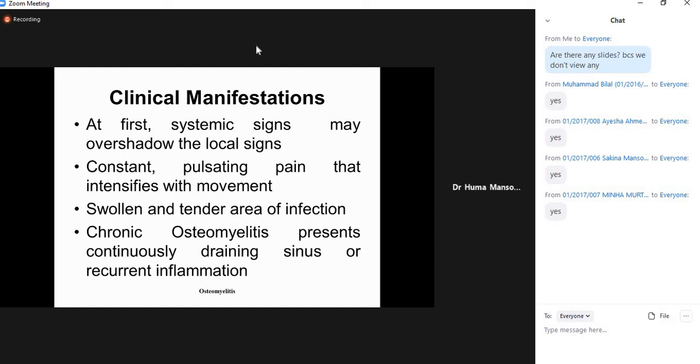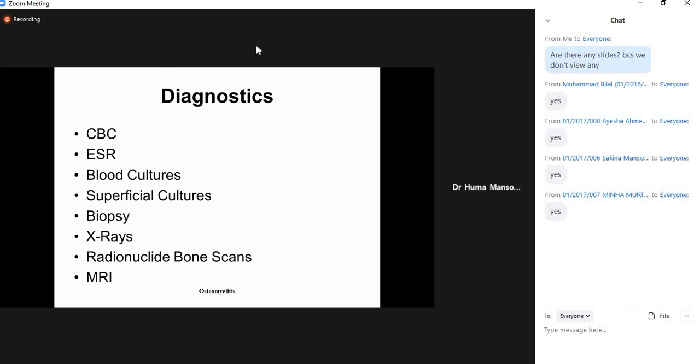Swollen and tender areas of infection then become visible, and chronic osteomyelitis presents with continuously draining sinuses or recurrent inflammation. Mind it, this is the dangerous thing. When this occurs, it means that it has progressed. So what do you get? You get a CBC done, and if it has caused marrow fibrosis, you can see cytopenias.